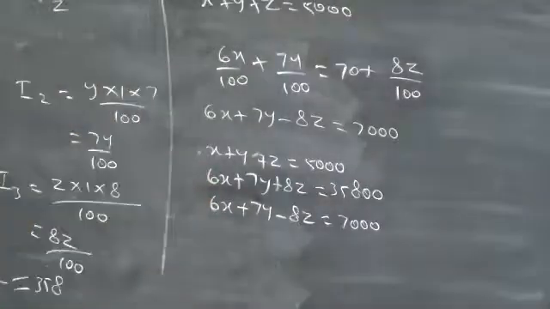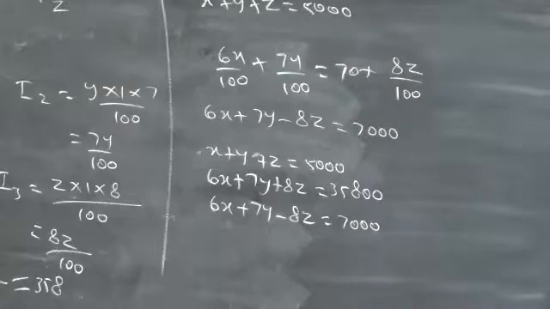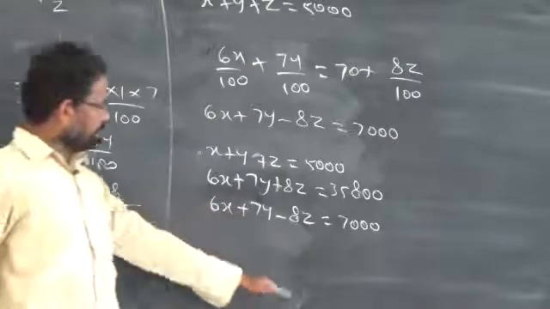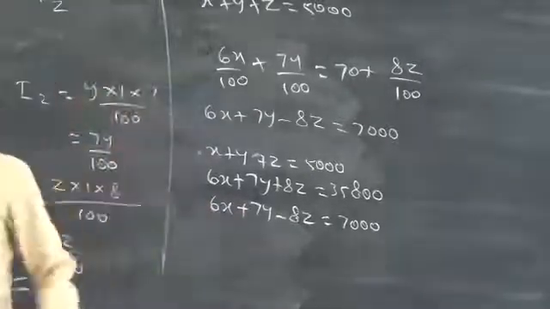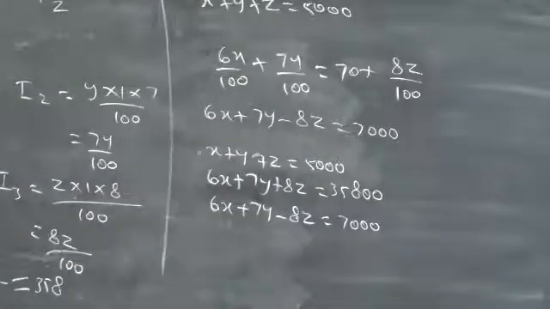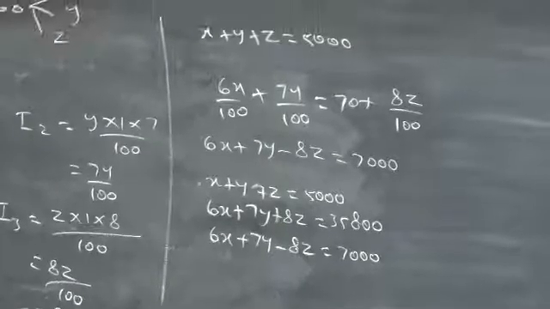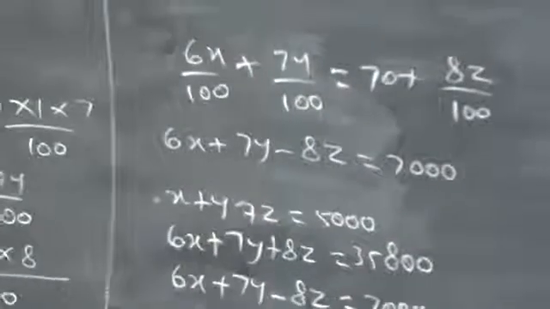Now you can apply the rank method and find the value of x, the investment of x, y and z. Apply the rank method, note it down and proceed to find the rank. Through the rank method find the solution of x, y and z. So far I dealt only with matrices of order 3 by 4, 3 by 3.